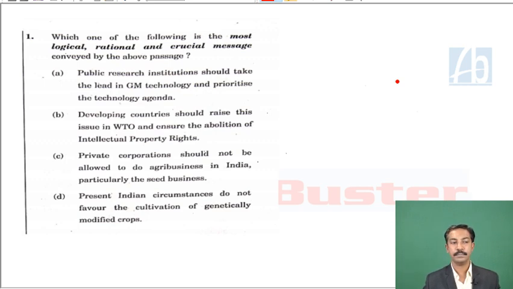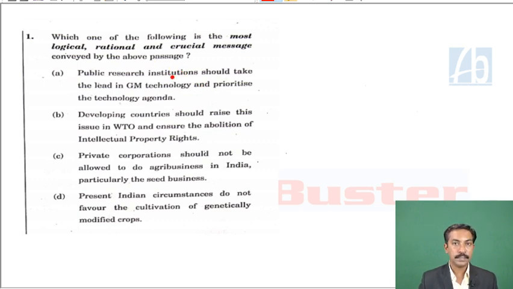Passages display. Okay. I'd like to repeat the first question again. Question number 1: which one of the following is the most logical, rational, and crucial message conveyed by the above passage? Option A, public research institutions should take the lead in GM technology and prioritize the technology agenda.